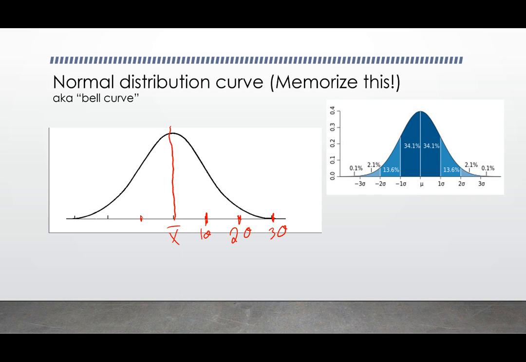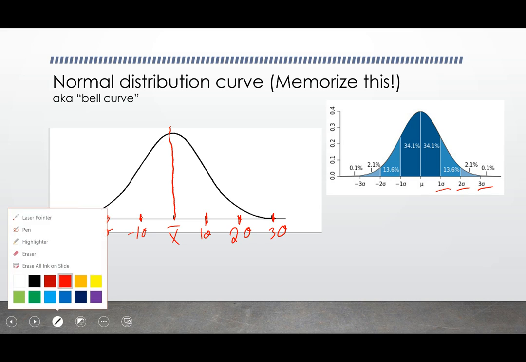And it's the same thing on the left side, just in the opposite direction: one, two, and three standard deviations away. I know it kind of looks like 10, 20, 30, but that really means 1 standard deviation, 2 standard deviations, and 3 standard deviations, as I mentioned earlier.